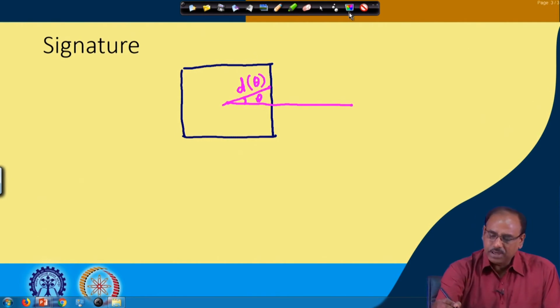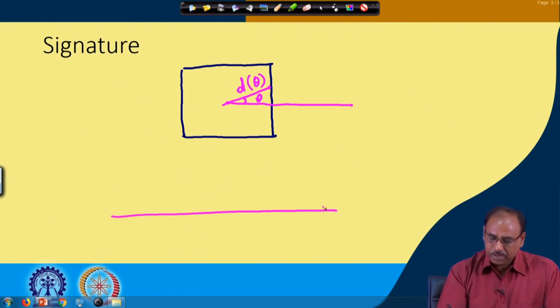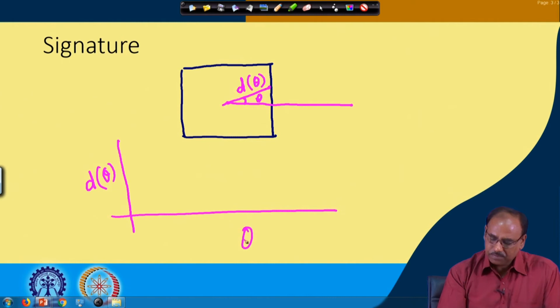So, what I plot is the distance d theta against theta as theta varies from 0 to 360 degree.